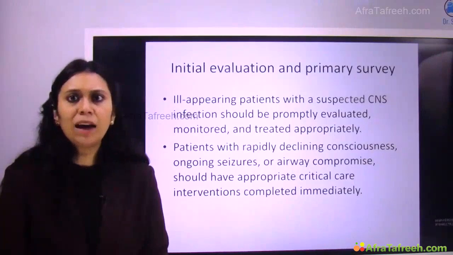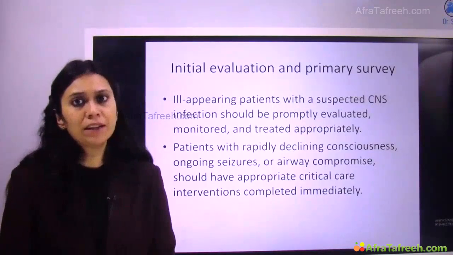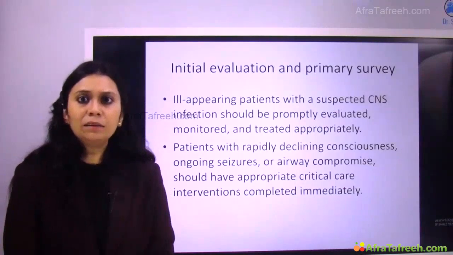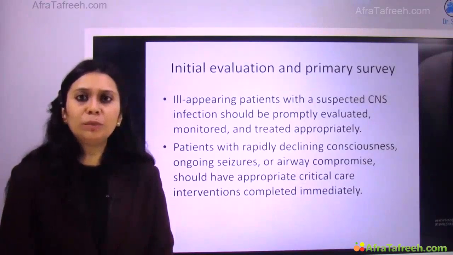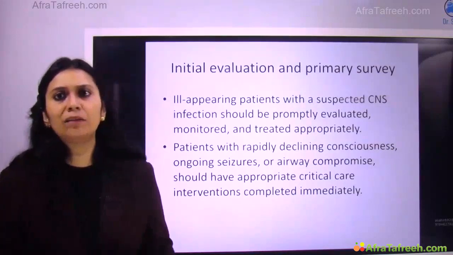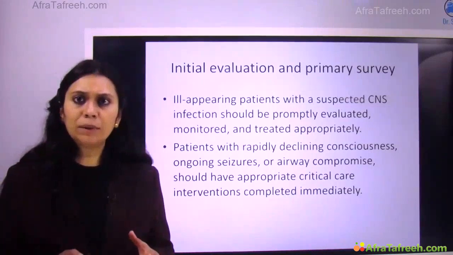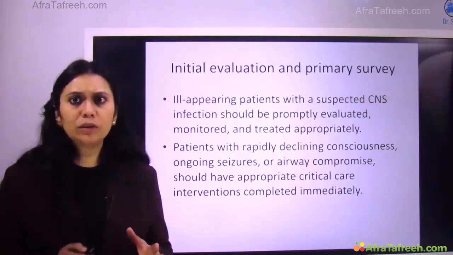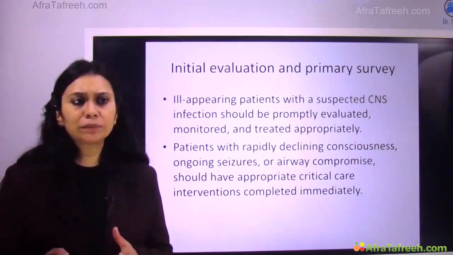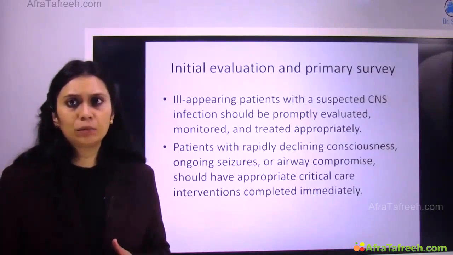If the patient has rapidly declining consciousness, the patient is deteriorating very fast, then the focus should be on the primary survey, right? Patients can present differently. A patient may be ill appearing but stable. In them, just evaluation, monitoring, and management is to be done.